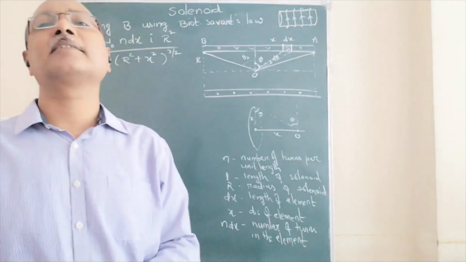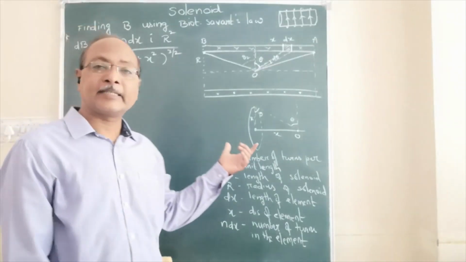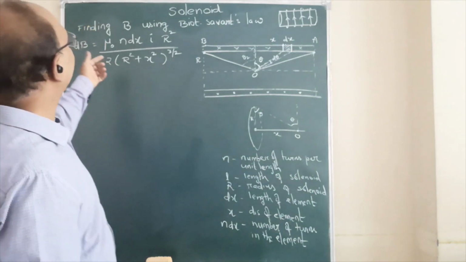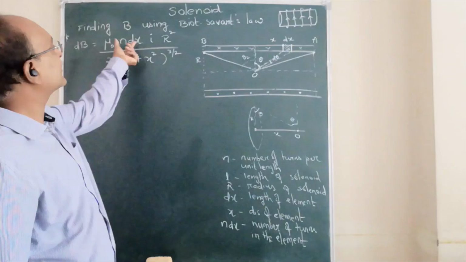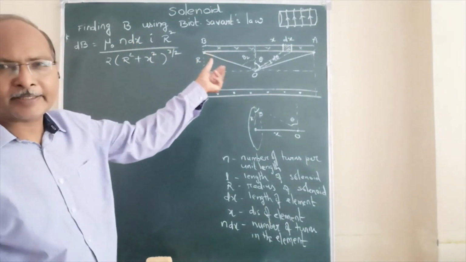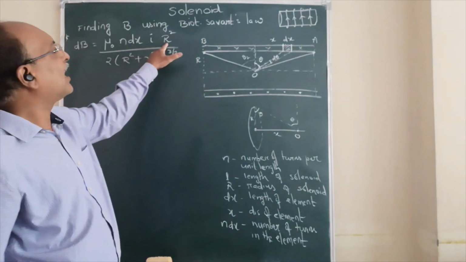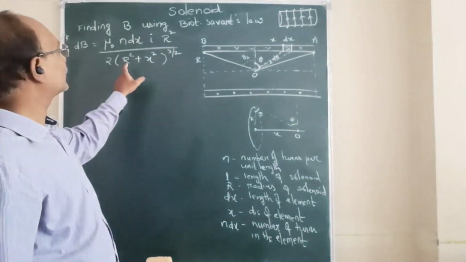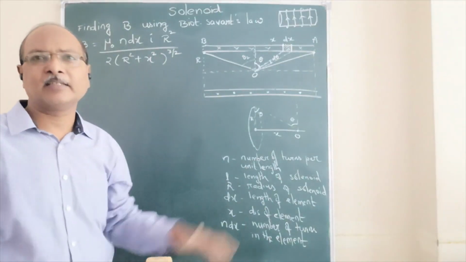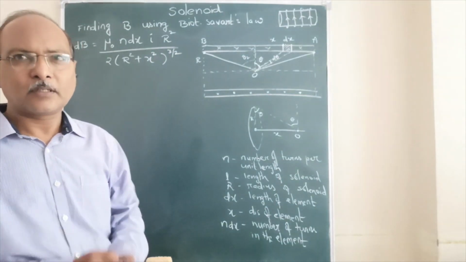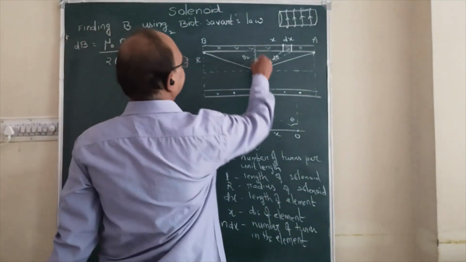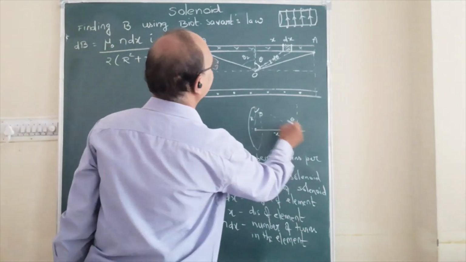So using the formula for the circular loop, dB is equal to mu naught, number of turns n dx in that element, current I, r square by 2 into r square plus x square to the power of 3 by 2. Now we take this triangle.